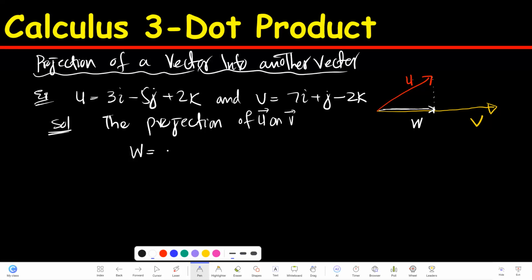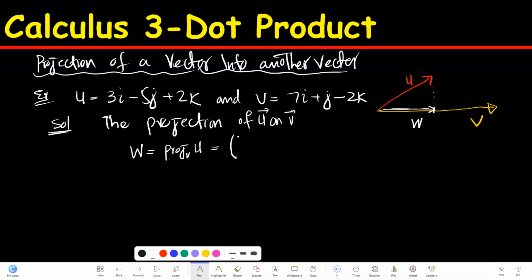the projection of U on V equals, this is just a formula. Now the solution is going to look like this.